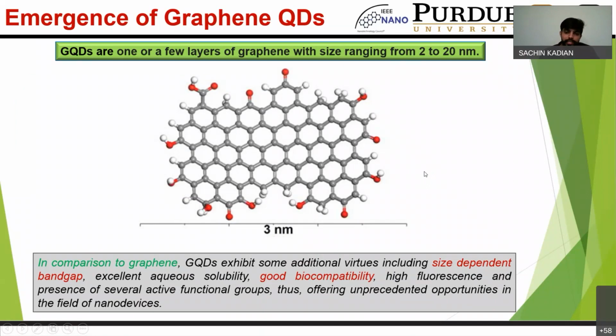This is an excellent property that they exhibit. They also show good biocompatibility, and they are fluorescent. So they show different good merits as compared to graphene. GQDs are one or a few layers of graphene with a size ranging from 2 to 20 nanometers.